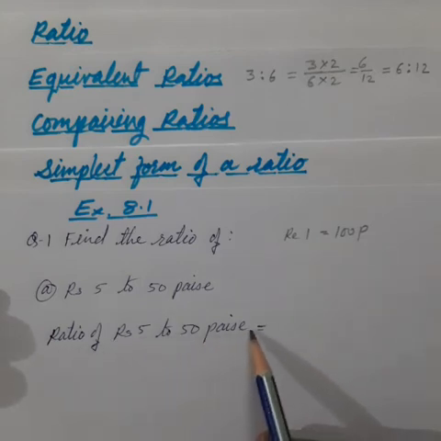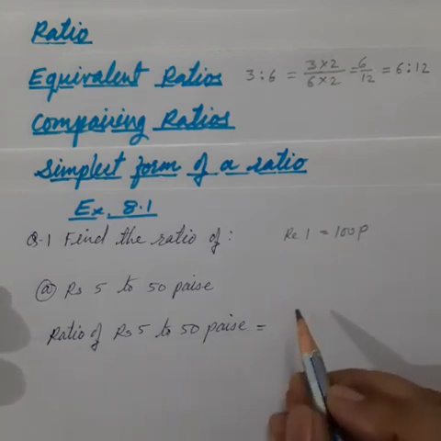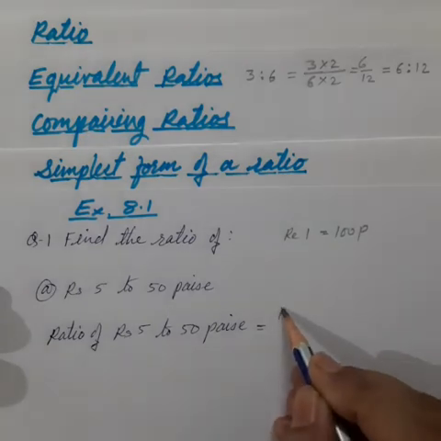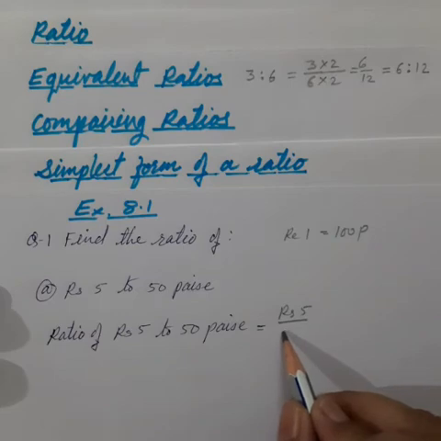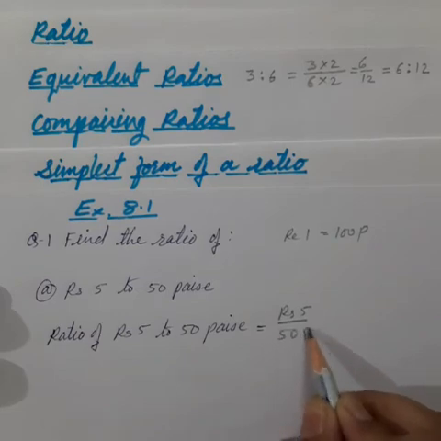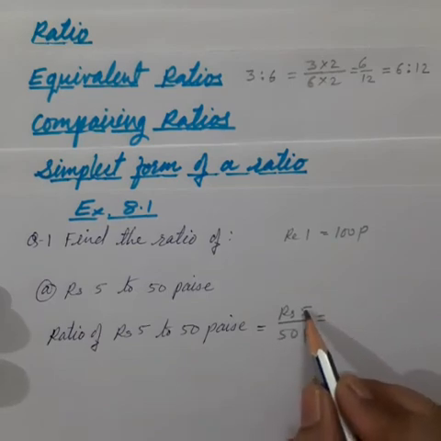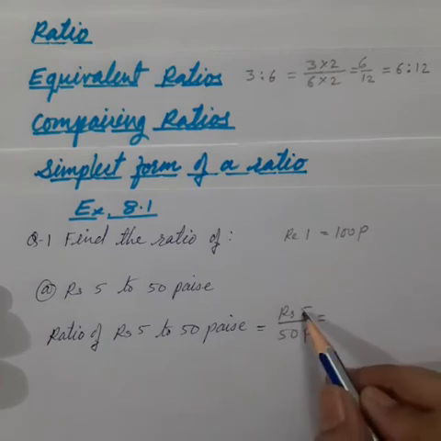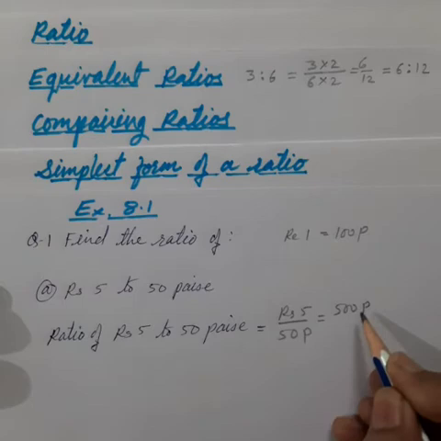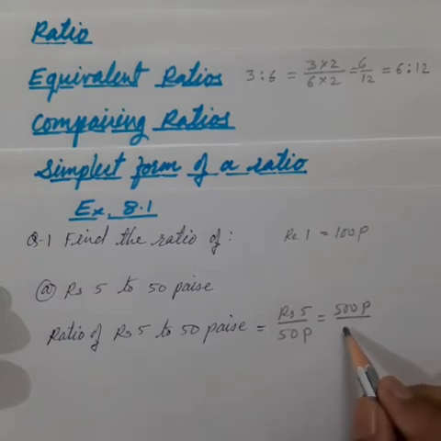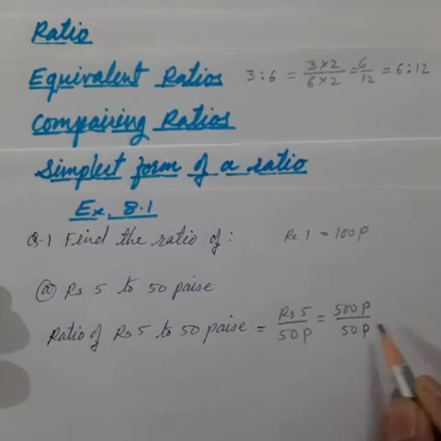So first we will write this in fraction. First part in numerator rupees 5 and second part in denominator 50 paise. Now convert this rupees 5 into paise. Multiply by 100. So we will get here 500 paise and denominator 50 paise.